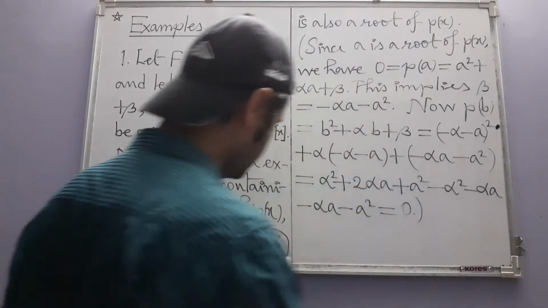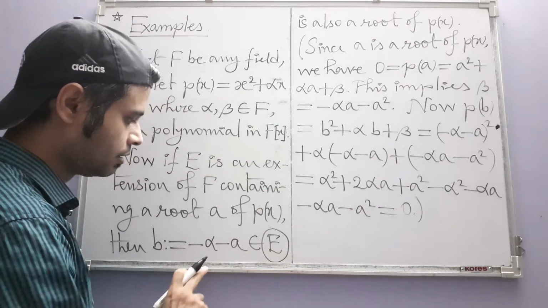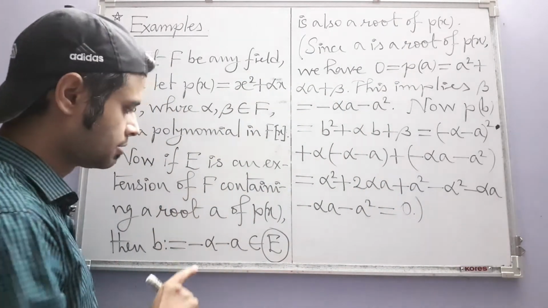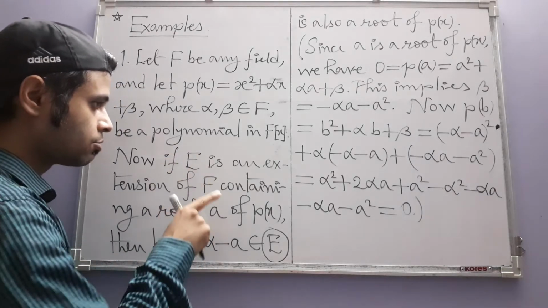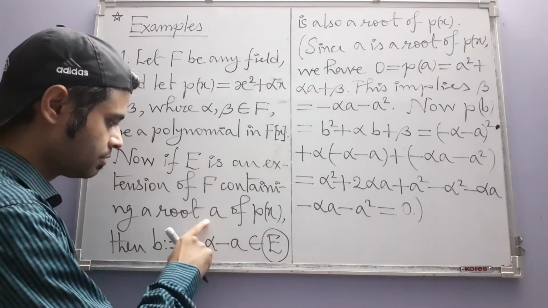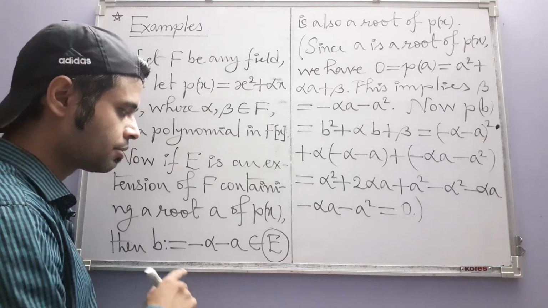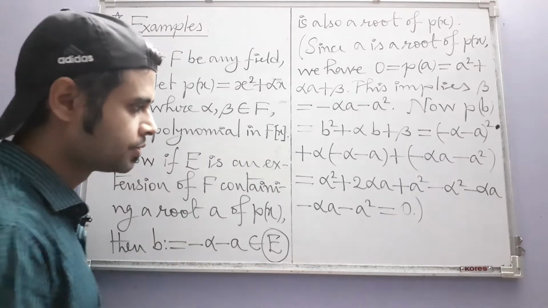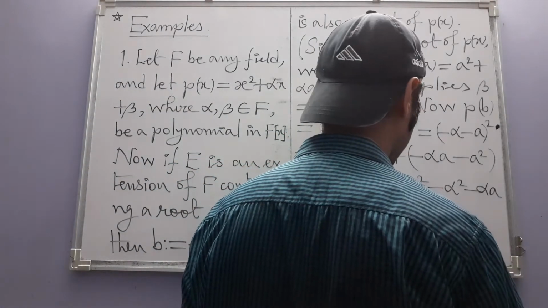But based on the things that we have found here, there will be two cases. These two roots A and B may be distinct, also they may be equal. So let us see the equal case first.